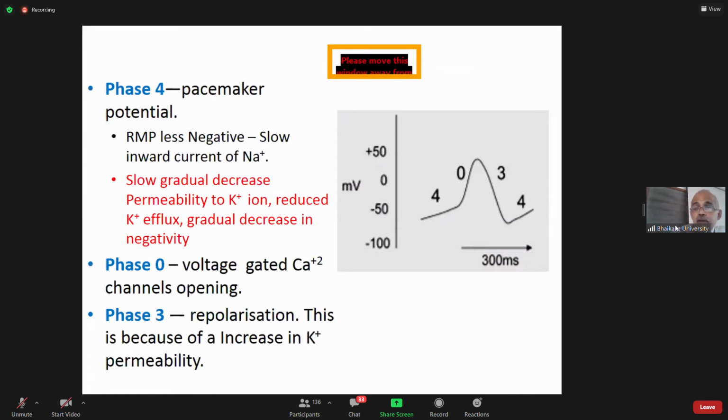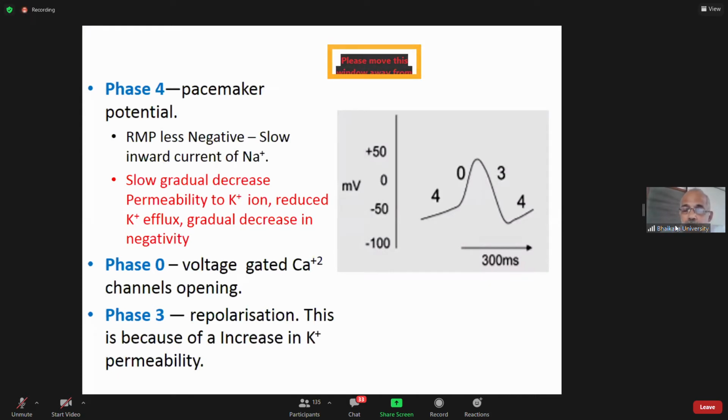Now what is the ionic basis of this pacemaker potential and the action potential of these pacemaker tissues? Remember this numbering: 4, 0, 3 and 4. These are phases. The slope, the phase 4, is because of a slow decrease in permeability of the membrane to potassium ions.